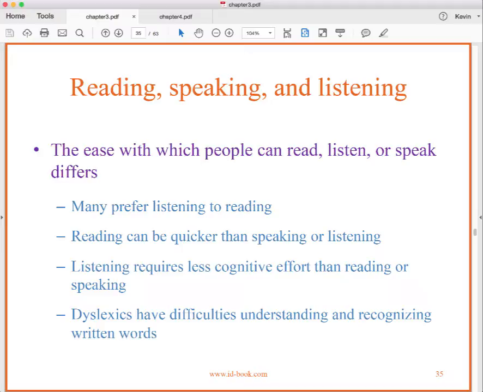Listening requires less cognitive effort than reading or speaking, and it pretty much gels with my experiences, which is why I like audiobooks so much.